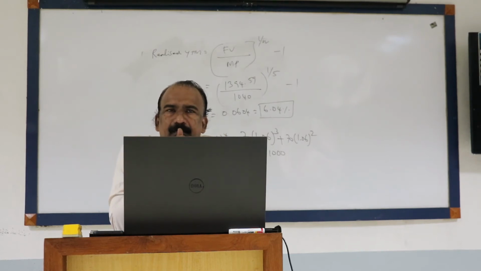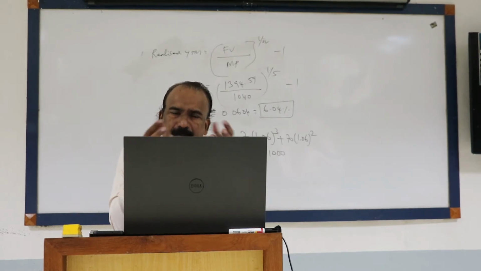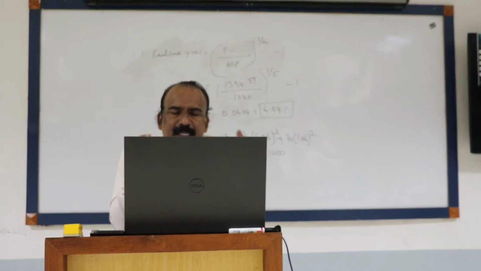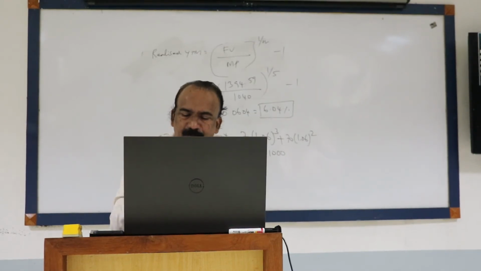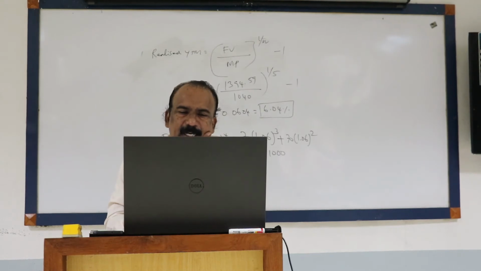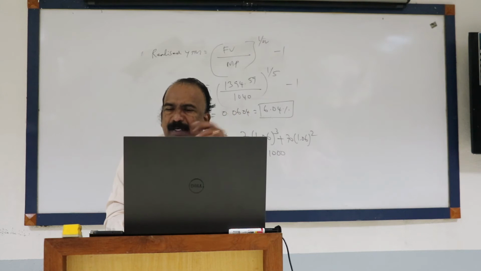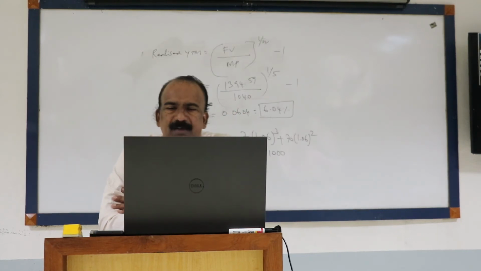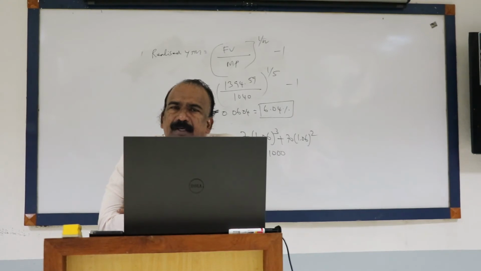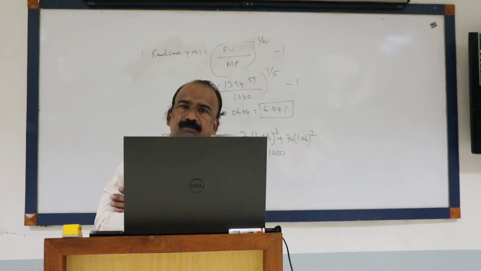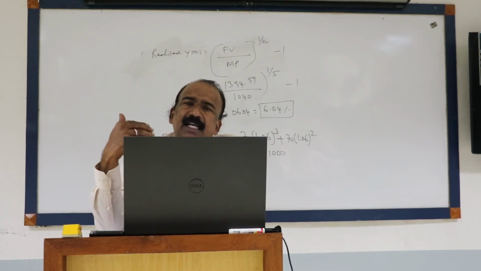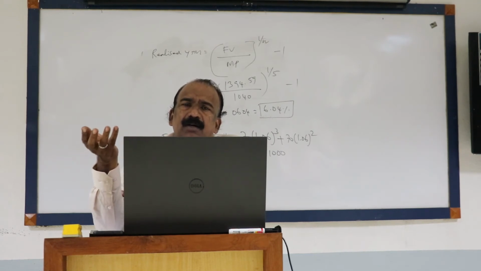The theoretical explanation is, at any point of time, the investor may not keep, for example, the 70 rupees he is receiving. The investor is receiving 70 rupees, correct? For this 70 rupees interest, there are two options. One is he can spend it for his personal needs, personal consumption, or he can reinvest the same 70 rupees at a rate.